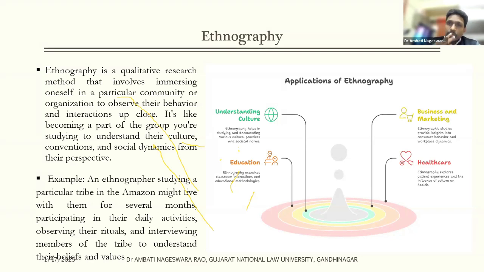But when it comes to ethnography, as a researcher, you're going to live with this particular community. For example, I always refer to my friend Dr. Kailash Das Shinde. He was my PhD colleague at the Tata Institute of Social Sciences.